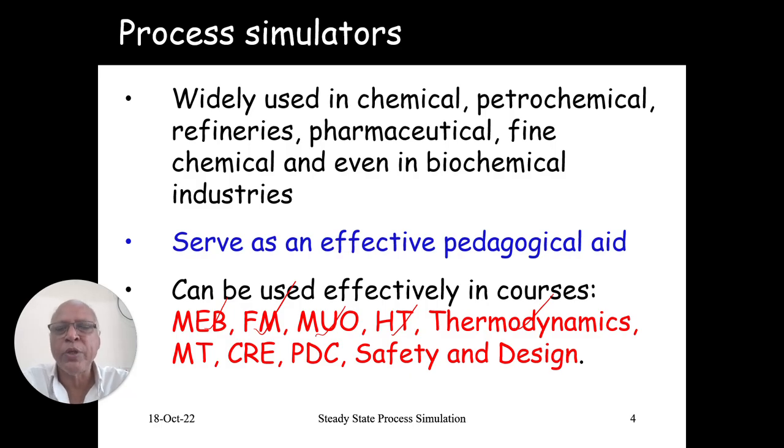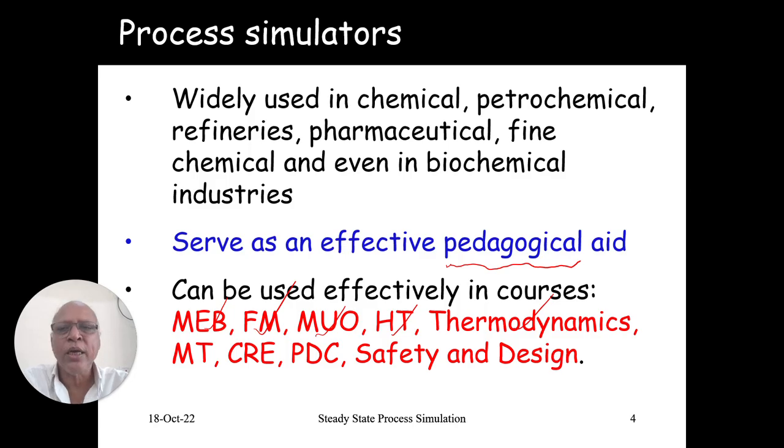Practically, you can see from this list that in most of the chemical engineering core courses we will be able to take the help of a process simulator and solve most of the problems that we teach in undergraduate or maybe postgraduate study. Another advantage is that we can use this as an important pedagogical aid while explaining some of the concepts dealing with these core courses.